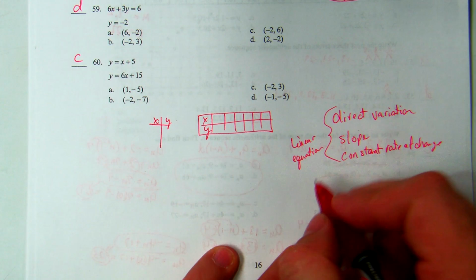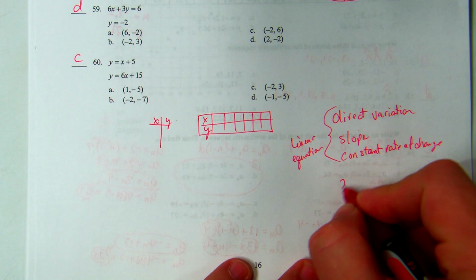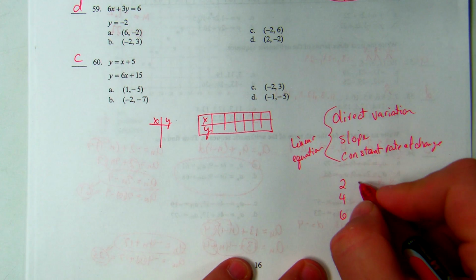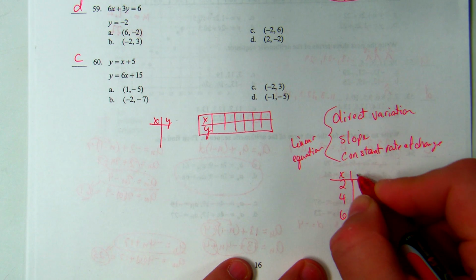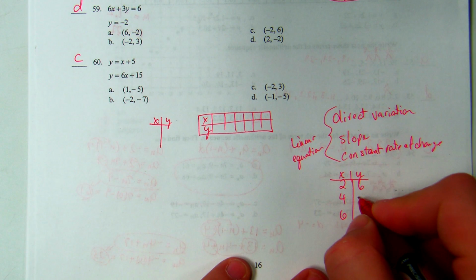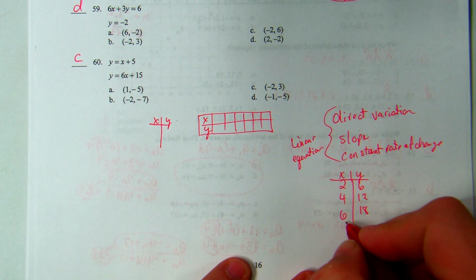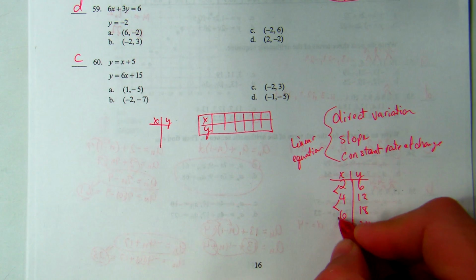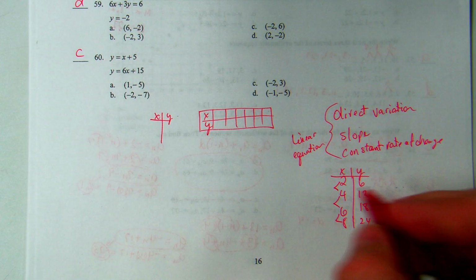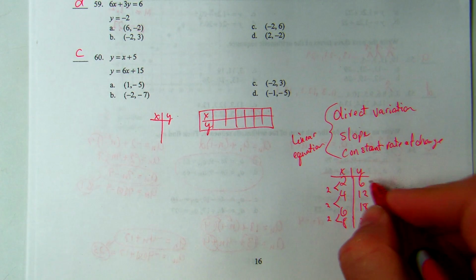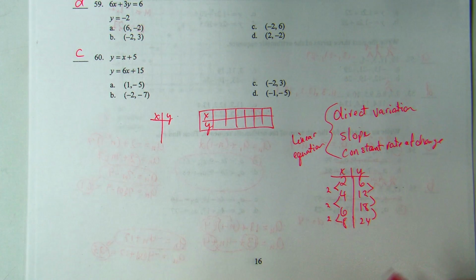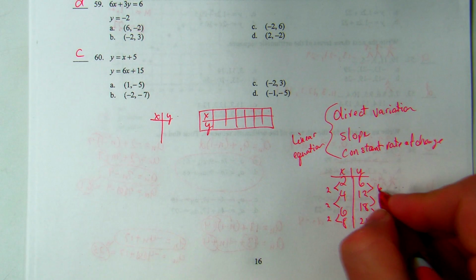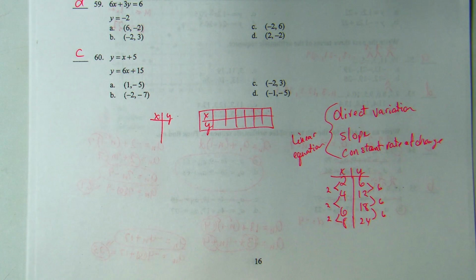All right, what you're looking for if you saw values like 2, 4, 6 for x, and y values of 6, 12, 18. We'll do one more. What are the values changing by for x? They're changing by 2. What are the values for y changing by? 6, right?